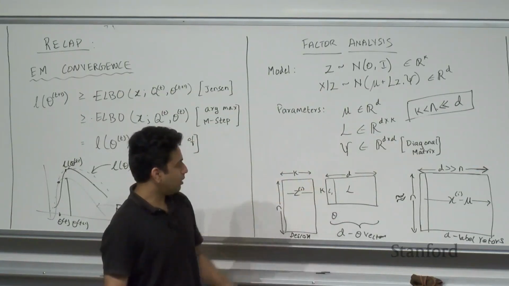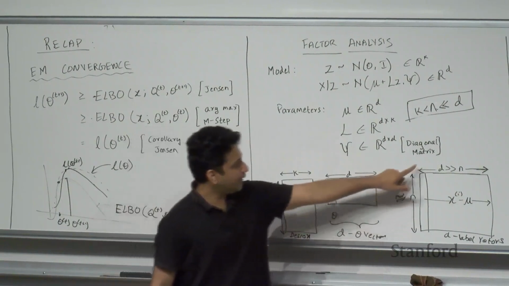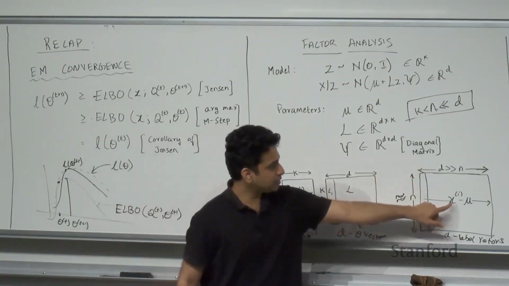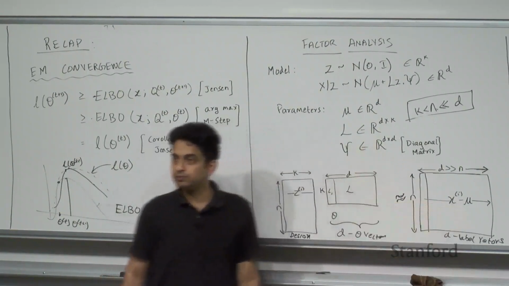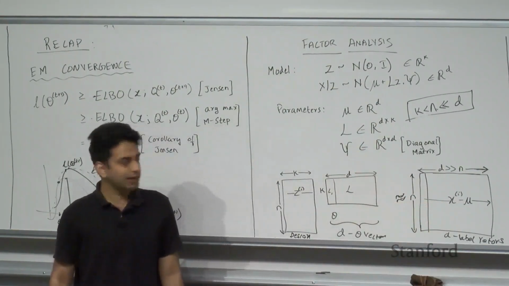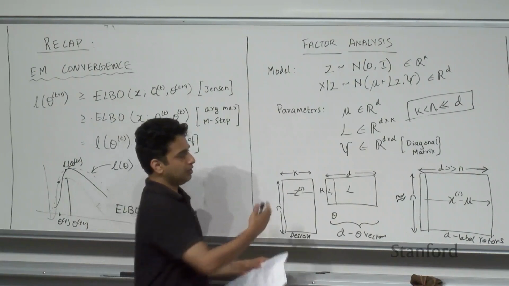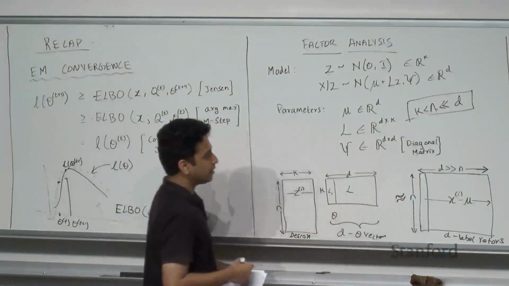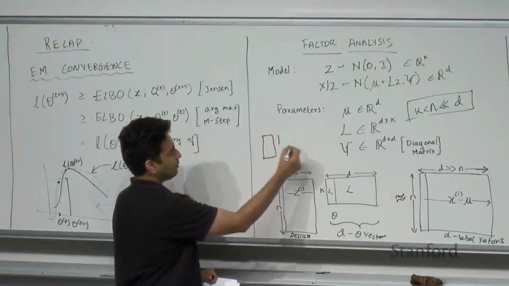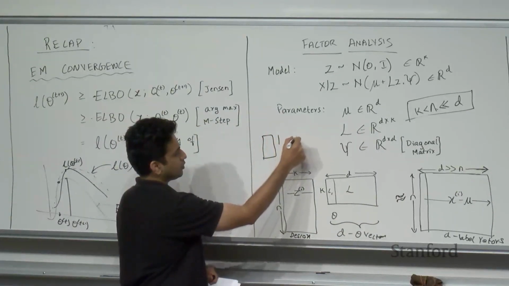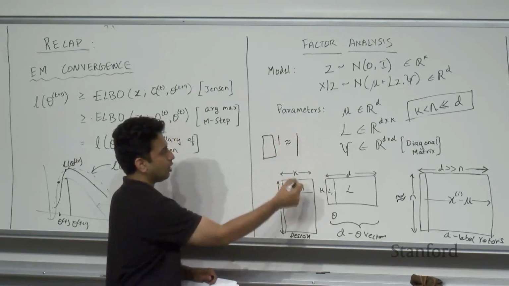We associate a parameter vector, and we get a noisy observation, which is one column of x minus mu, right? In linear regression we had a design matrix and one parameter vector, which we tried to fit to one column vector of y's.